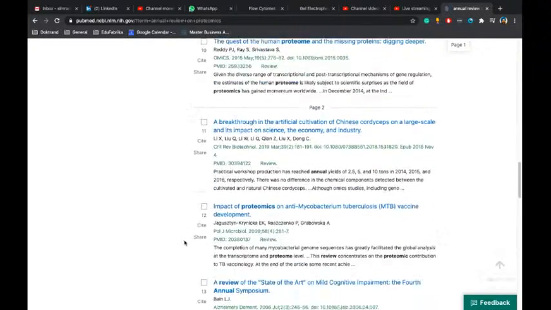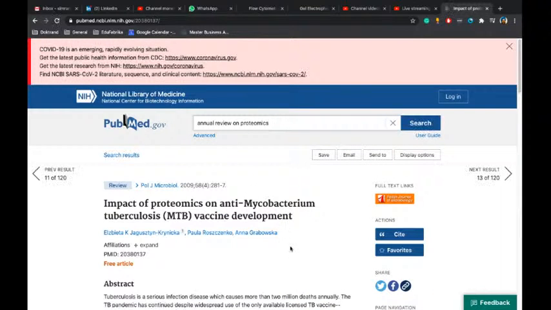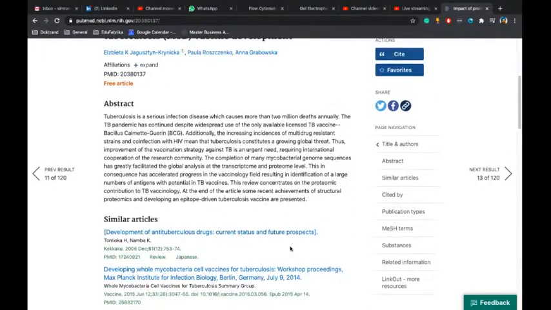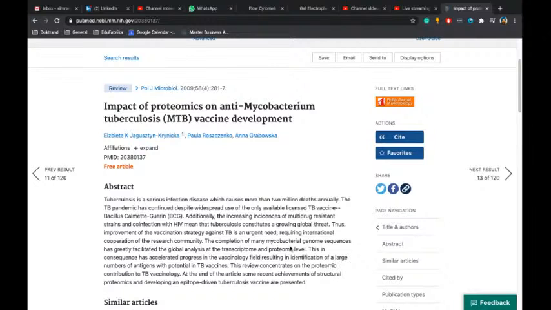So there is Impact of Proteomics on Anti-Mycobacterium tuberculosis (MTB) Vaccine Development. Just click on one journal. These are free journals that you have to check. I'm working from home at the moment, so I cannot access them. Polish Journal of Microbiology.